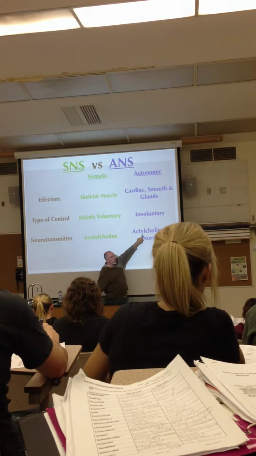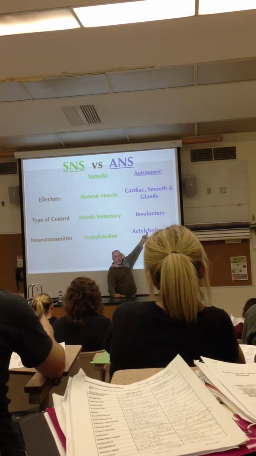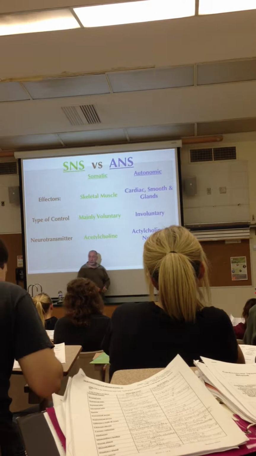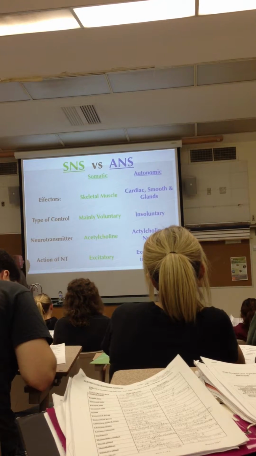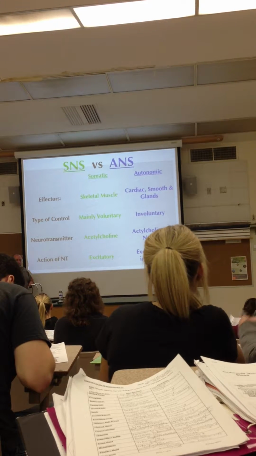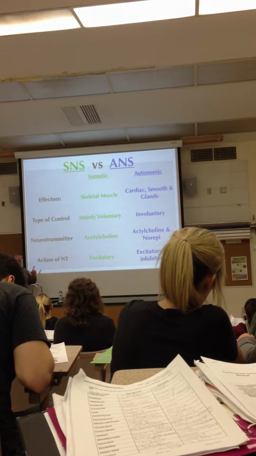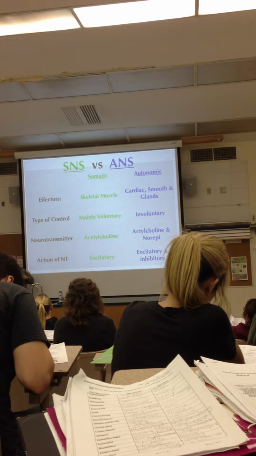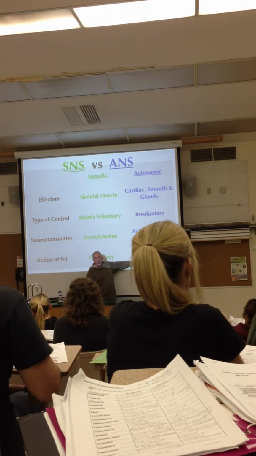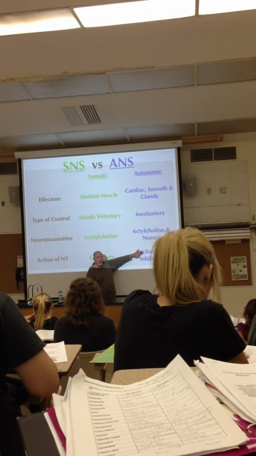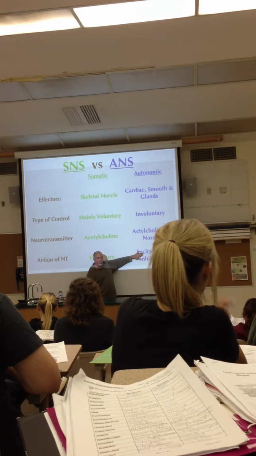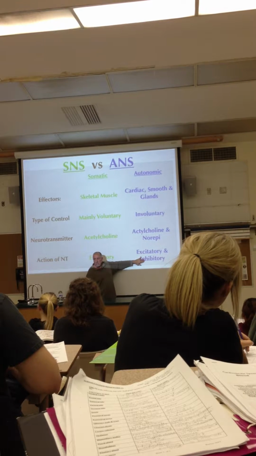We're going to see two neurotransmitters in the autonomic system, acetylcholine and norepinephrine. Okay? And we'll see where those take place. And then finally, the action of the neurotransmitter at either the preganglionic, the postganglionic, or at the effector could be either excitatory or inhibitory. So in other words, you can maybe cause the heart to beat faster, excite it, or you can slow it down.